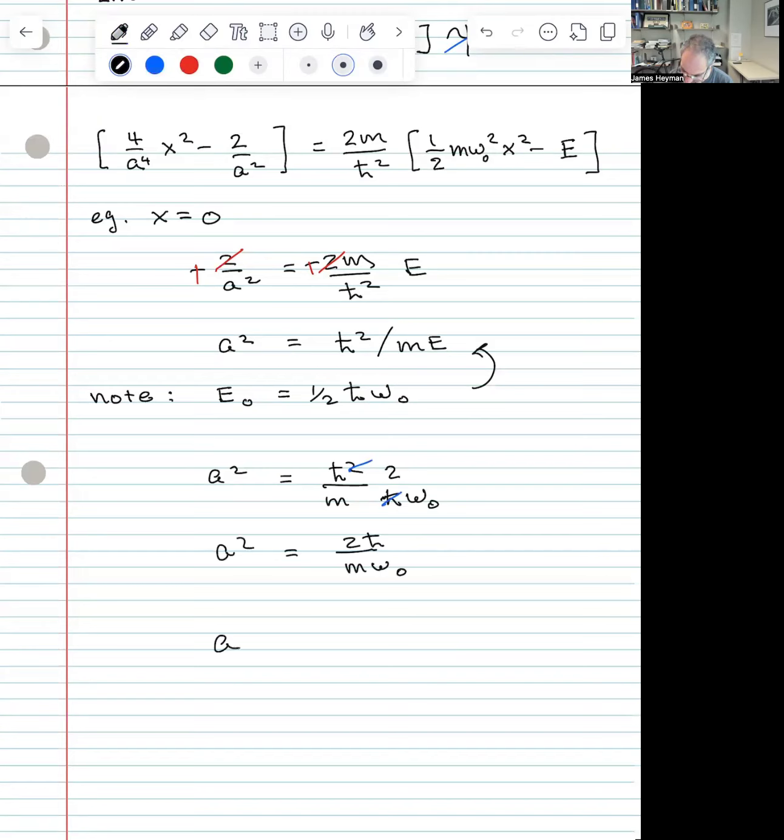And so finally, a is equal to the square root of 2 h bar over m omega naught. There we go.